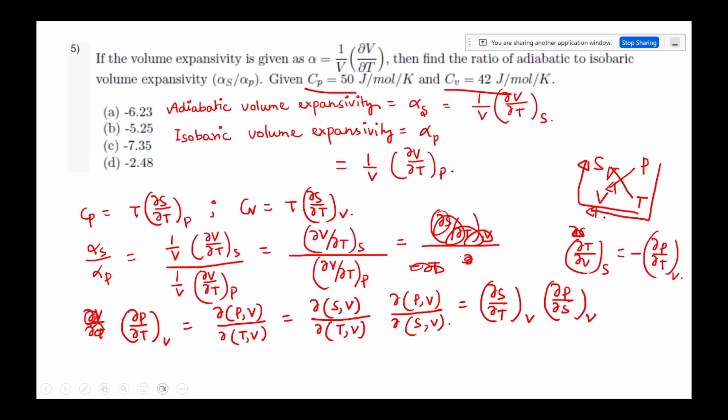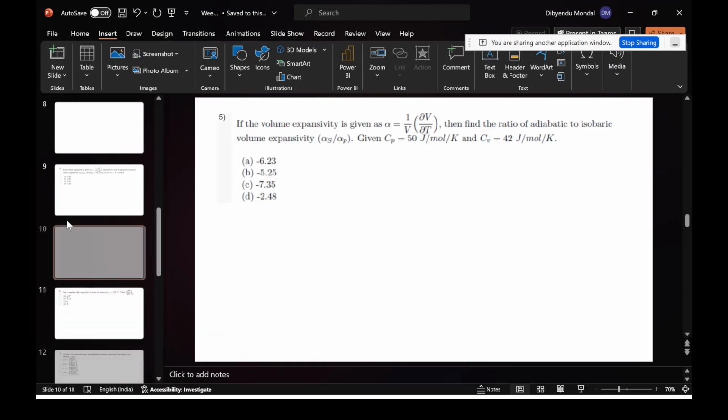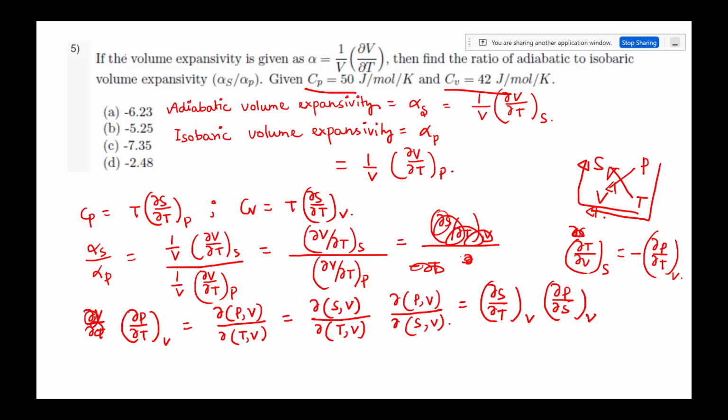Okay, sorry, I have to add one page. So here this is del V del T at constant V. So del V del T at constant P. Now del V del T at constant P, that can be written del V del T at constant P. Now look at this PSV.